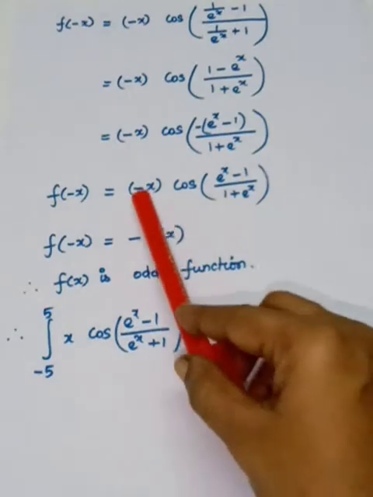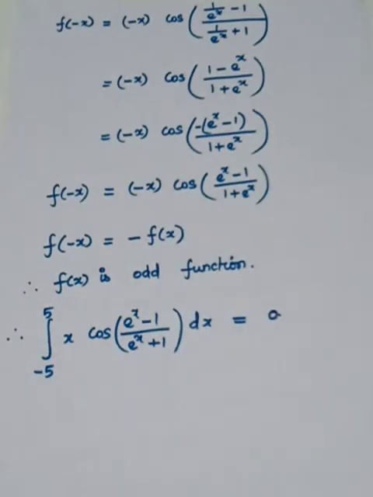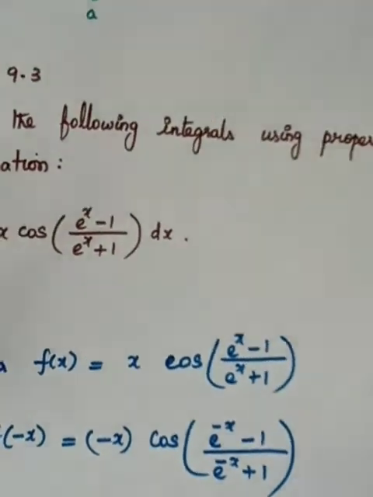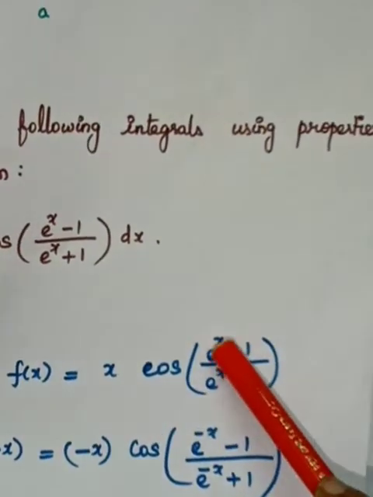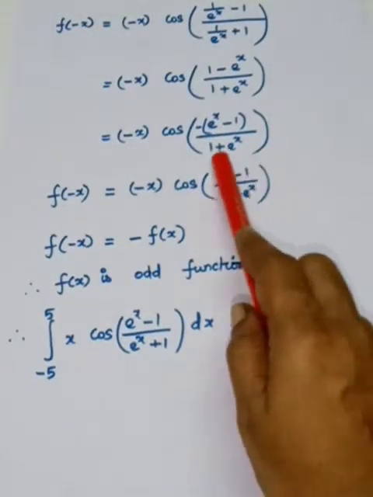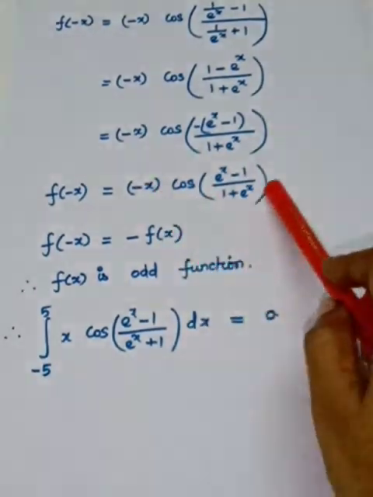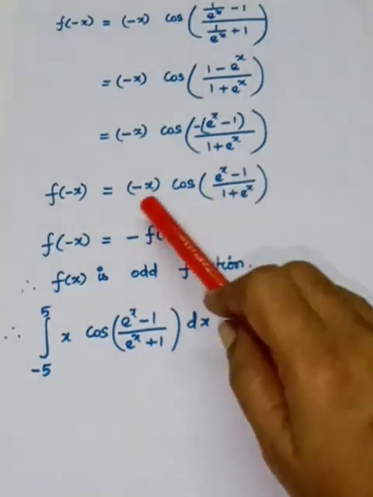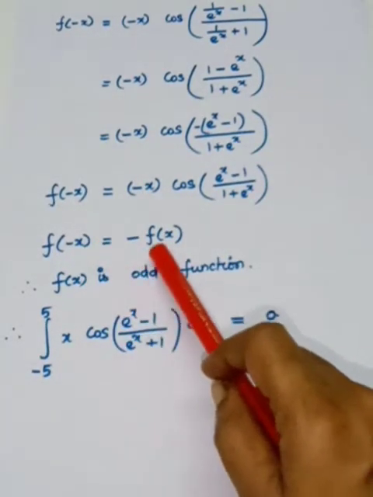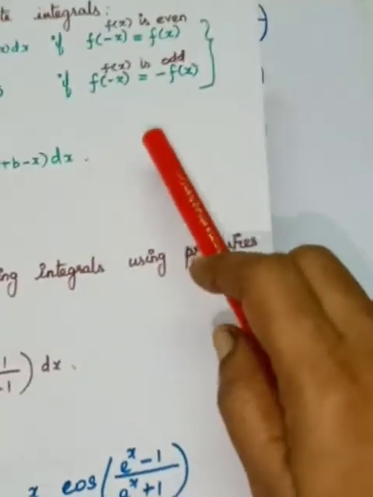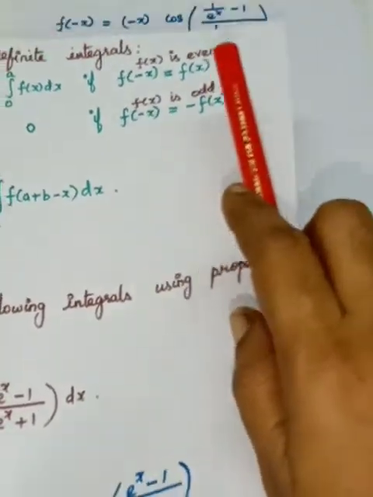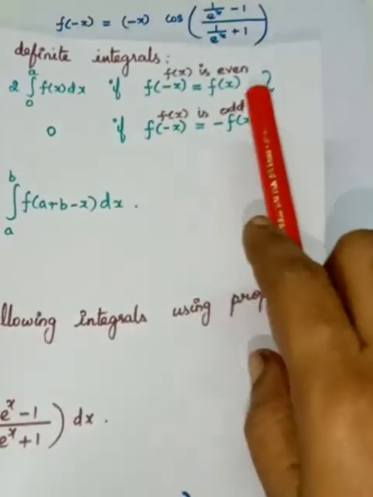You see that in the front you have minus. Now, what is your f of x? x into cos of (e power x minus 1) divided by (e power x plus 1). So here x into the whole term is nothing but f of x, and in the front you have minus x. So f of minus x is equal to minus f of x. You see now, f of minus x equal to minus f of x means your f of x is odd.